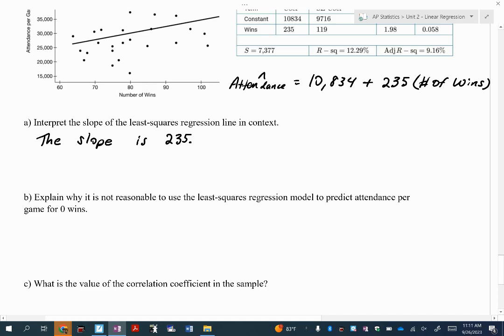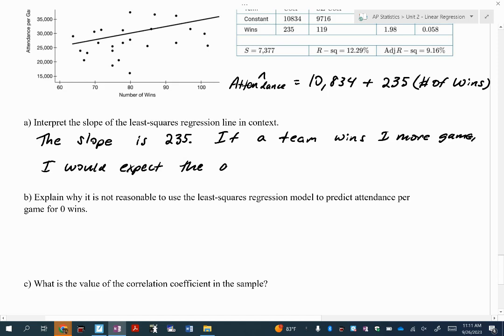And then to interpret it, we're saying that if a team wins one more game, I would expect the average attendance to increase by 235 people. So that is identifying and then interpreting the slope.